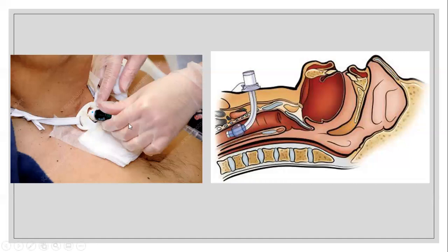When the patient is discharged from the hospital with the tracheostomy tube, we educate them about the tube before they go home. Also, routine tracheostomy care should be done at least once a day after patients are discharged from the hospital.